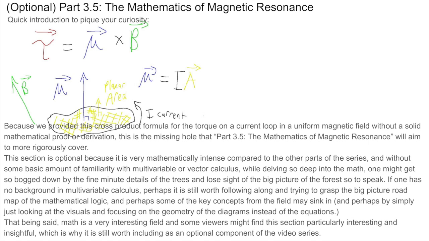If one has no background in multivariable calculus, perhaps it is still worth following along and trying to grasp the big picture roadmap of the mathematical logic, and perhaps some of the key concepts from the field may sink in, by simply looking at the visuals and focusing on the geometry of the diagrams instead of the equations. That being said, math is a very interesting field, and some viewers might find this section particularly interesting and insightful, which is why it is still worth including as an optional component of the video series.